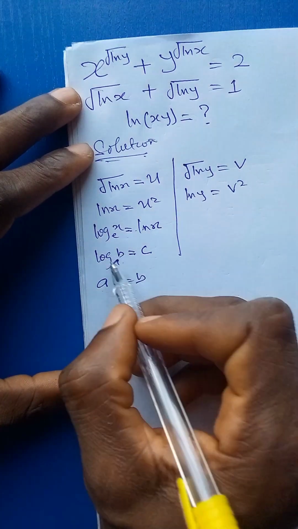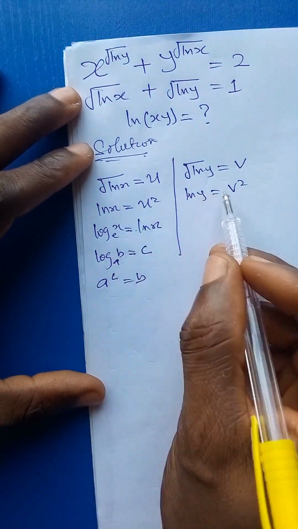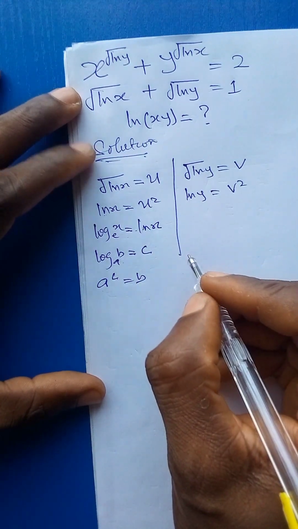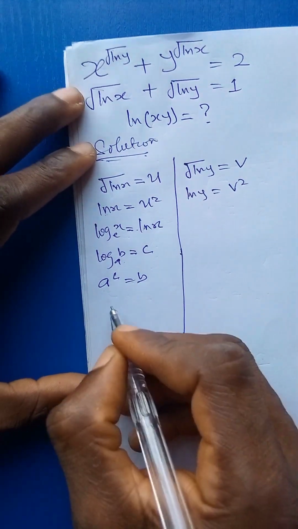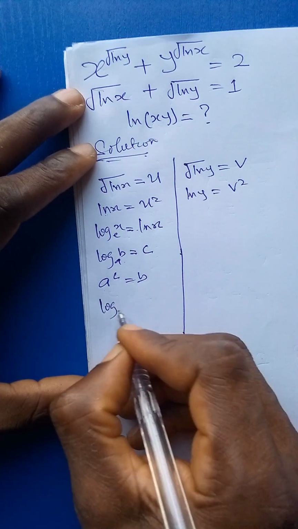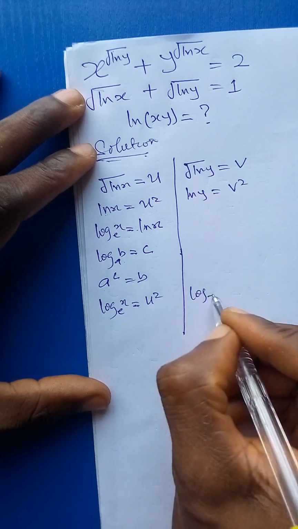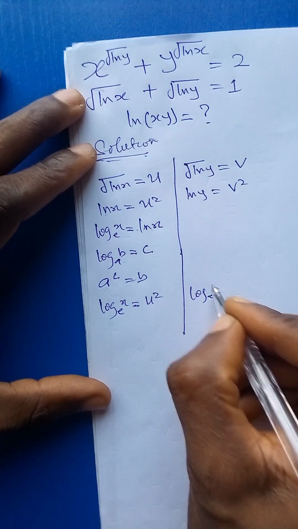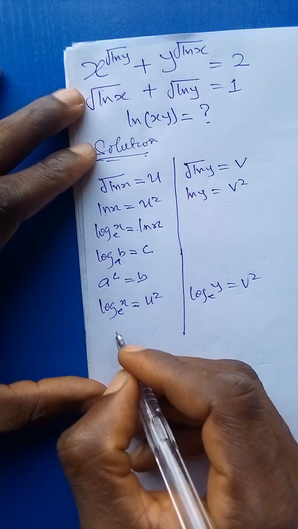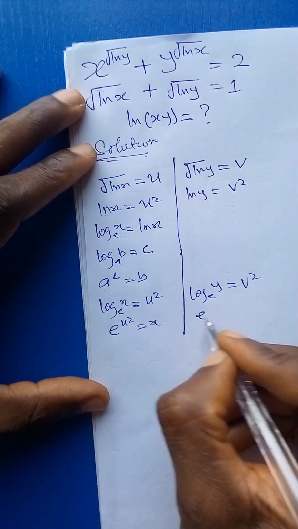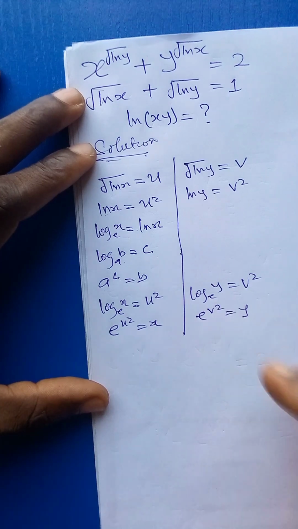So I'll apply this law here and here, converting the logarithm to exponents or indices. So it becomes log to base e of x is equal to u squared, and log to base e of y is equal to v squared. So e to power u squared is equal to x, and e to power v squared is equal to y.